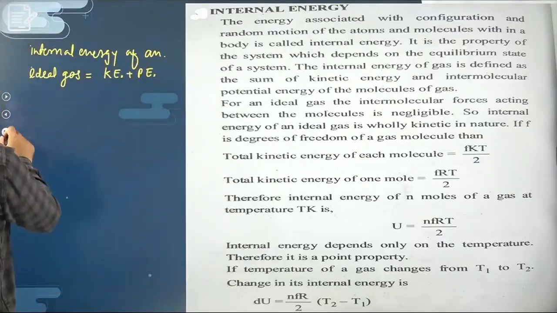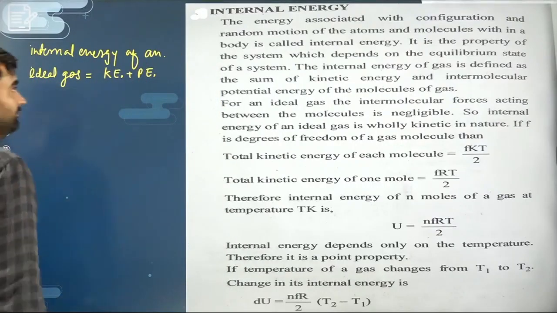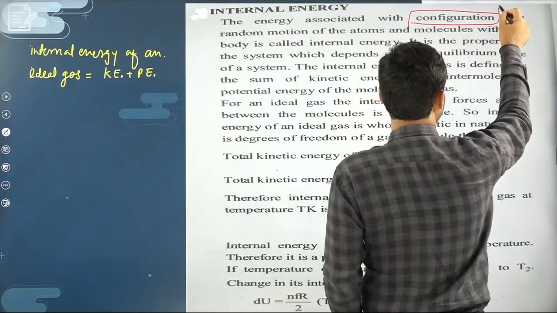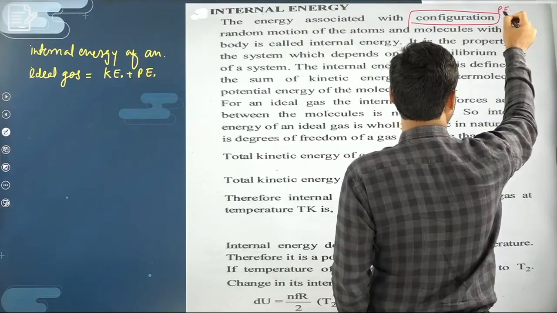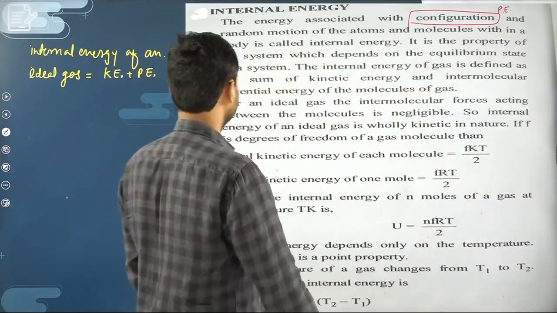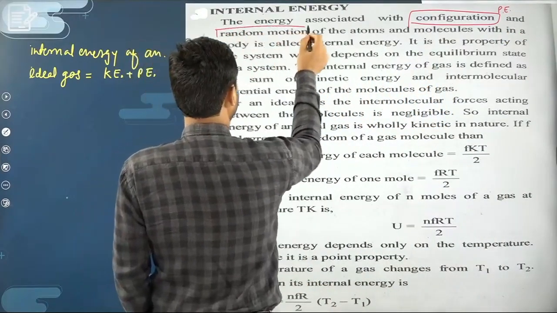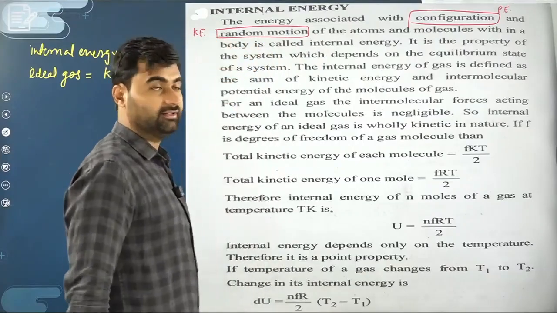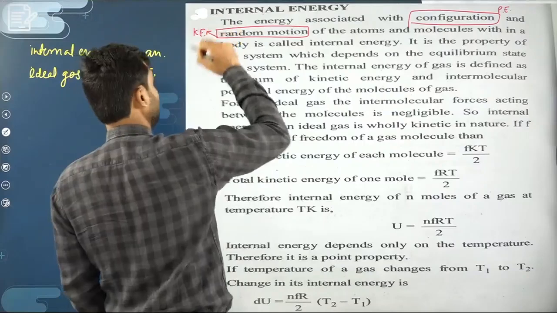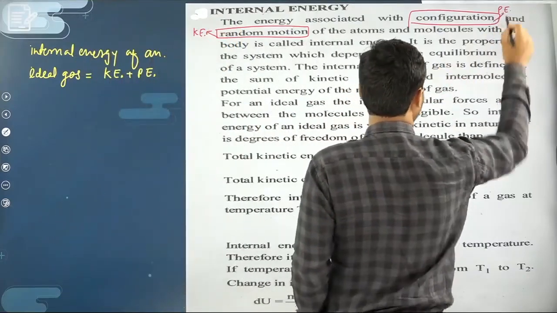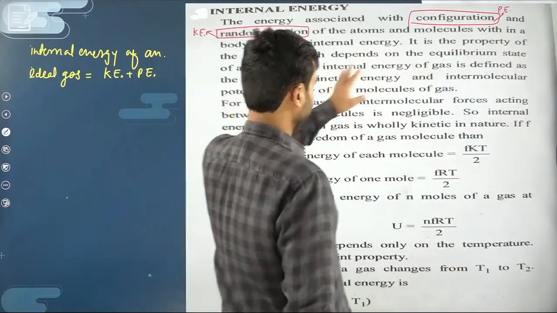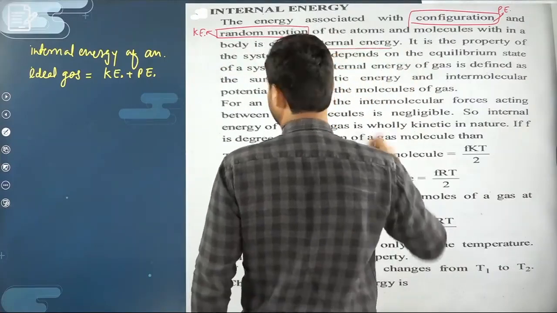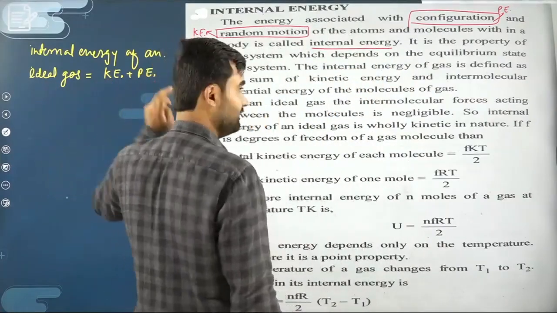So configuration means potential energy, and random motion means kinetic energy. Is it clear? So the random motion K and configuration P of the atoms and molecules within a body is called internal energy. So we can write that internal energy is the sum of KE plus PE.